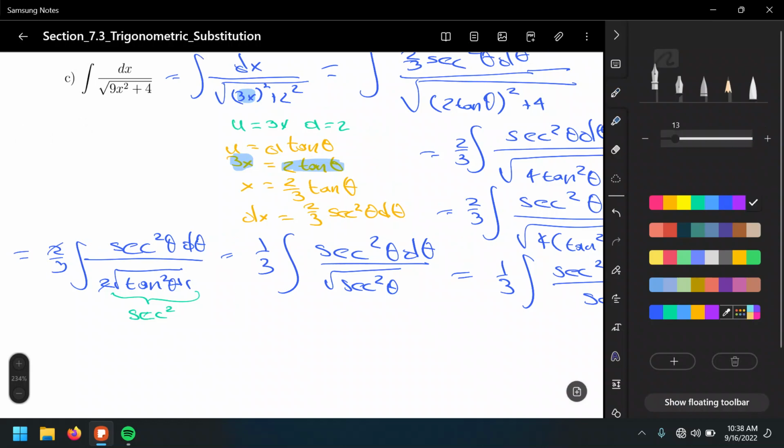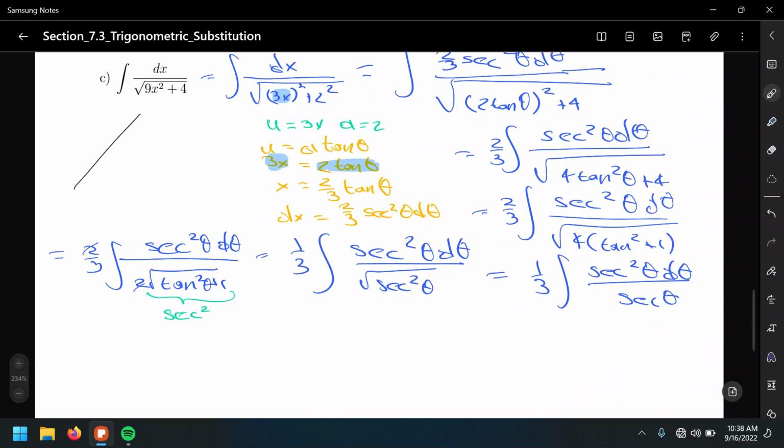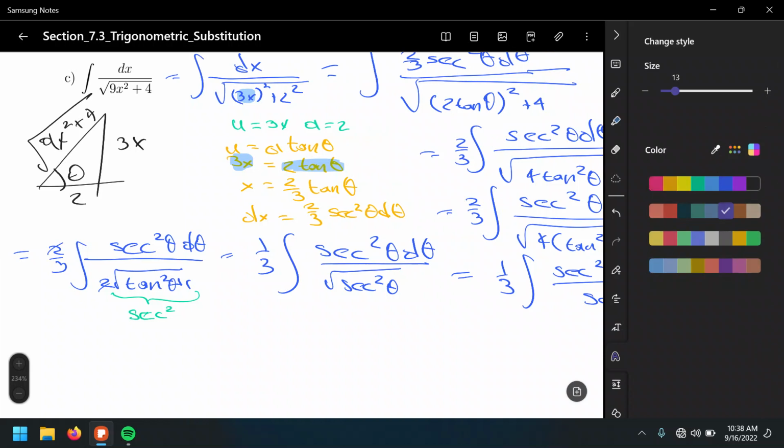That triangle we did before to relate, what was that? 3x and 2 and radical 9x squared plus 4. Okay, so this is what we did here. Let me change the color here.